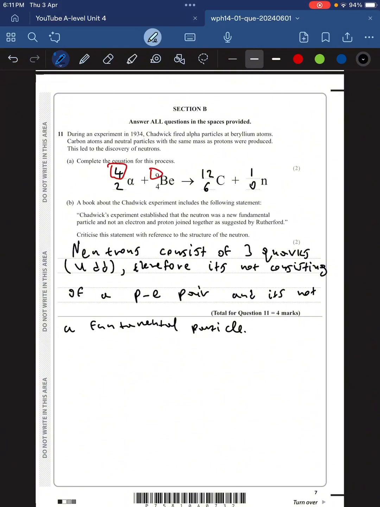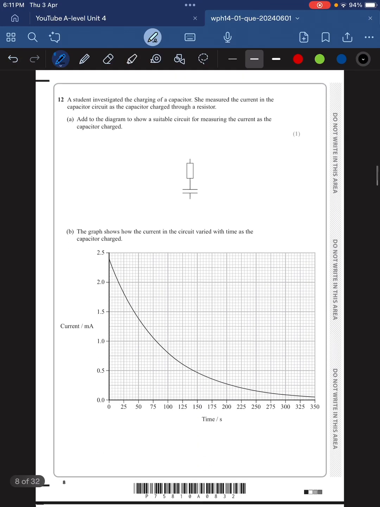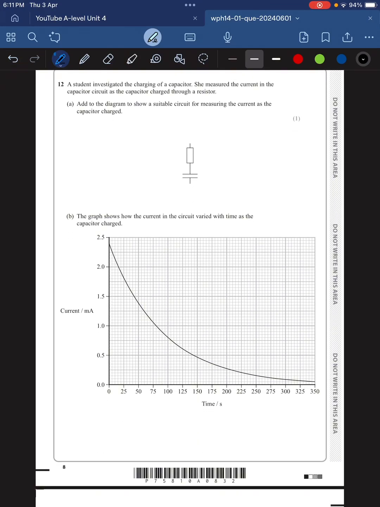So let's move to question number 12. A student investigated the charging of a capacitor. She measured the current in the capacitor circuit as the capacitor charged through a resistor. Add to the diagram to show a suitable circuit for measuring the current as the capacitor charged.